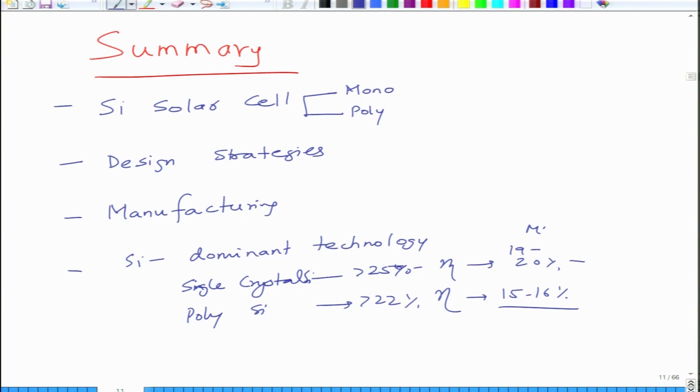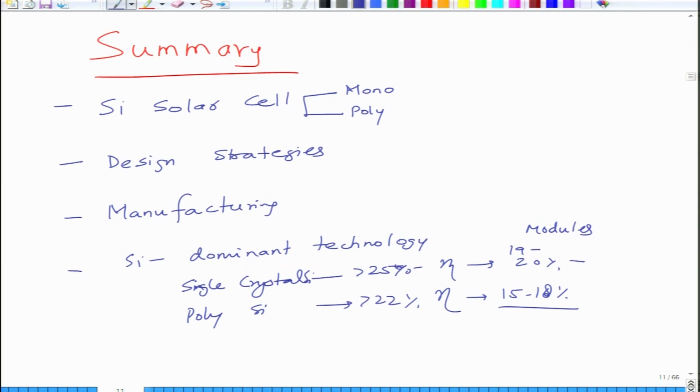This is for modules. Let me check the numbers. So, yeah, modules would be lower than what you get. So, about 20% you will get for single crystal, about 15 to 18% for the polysilicon, and these two are the dominant technologies right now in the world.